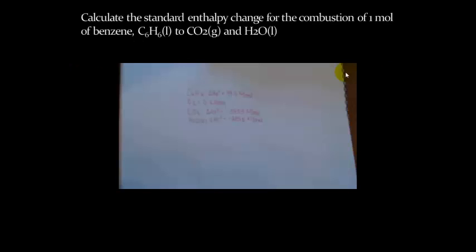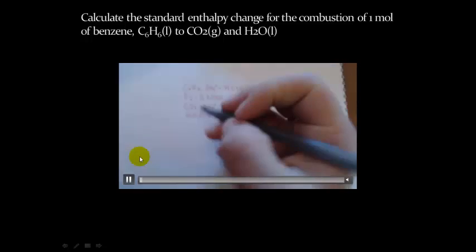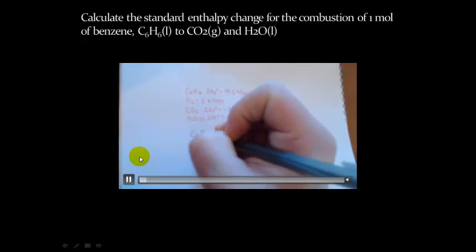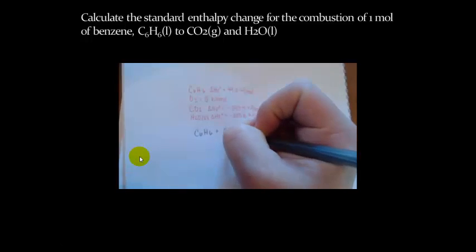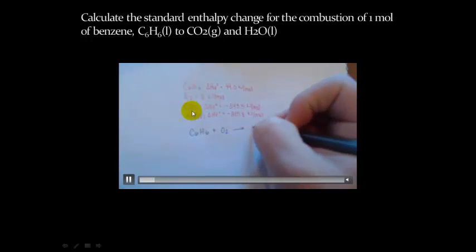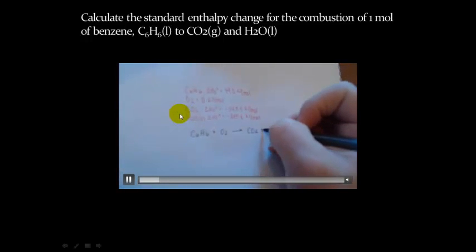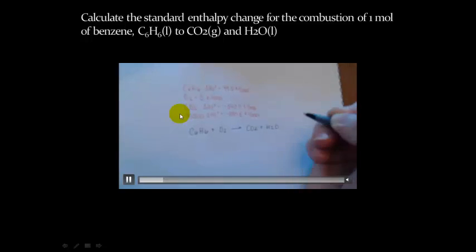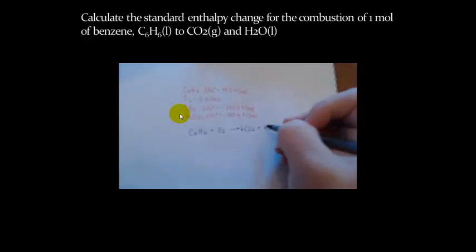So here's an example. Calculate the standard enthalpy change for the combustion of 1 mole of benzene to carbon dioxide and water. So all I've done is list some standard enthalpy of formation, for example, benzene, oxygen, carbon dioxide, and water. And now we're going to have to write a balanced equation for this reaction.